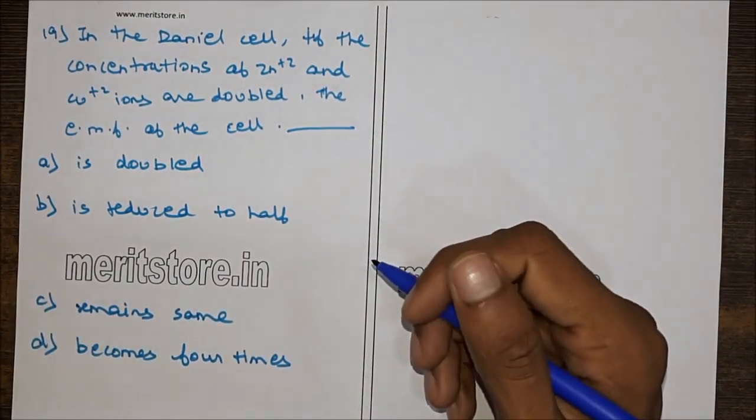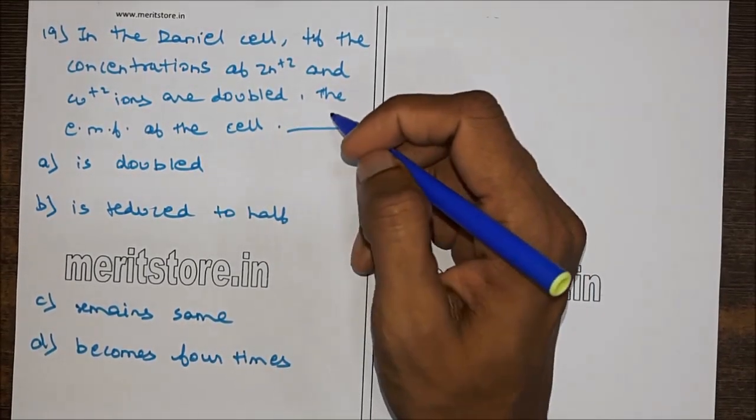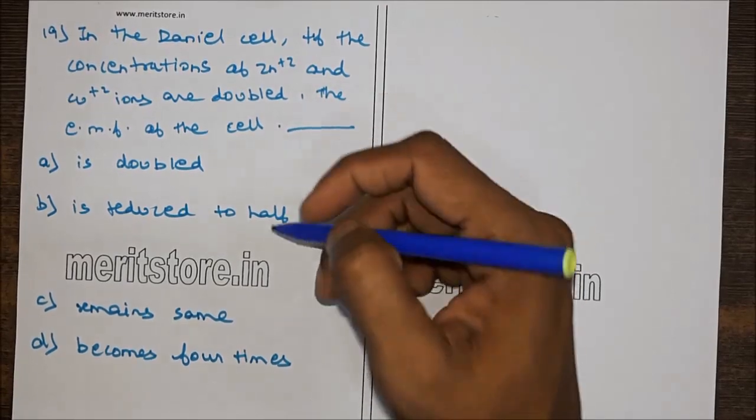Question 19. In the Daniell cell, if the concentrations of zinc and copper ions are doubled, then the EMF of the cell is, we have 4 options.